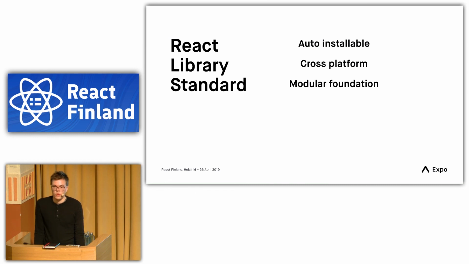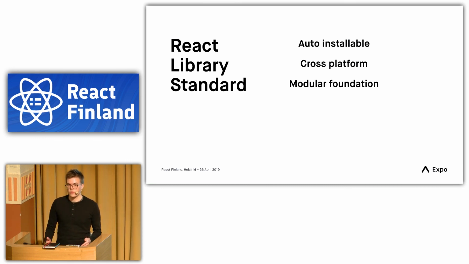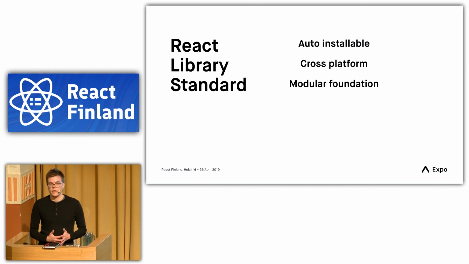Before Unimodules, each native module had their own set of core foundational tools, like, for example, file system access was something that was separately implemented in each native module, and those implementations were not compatible.